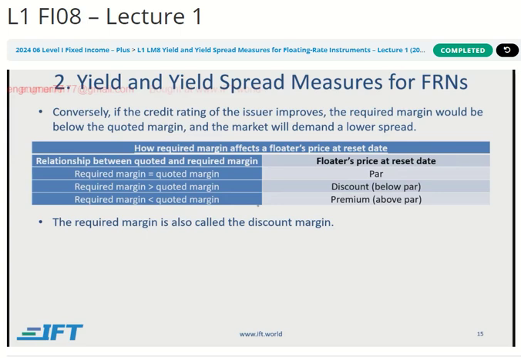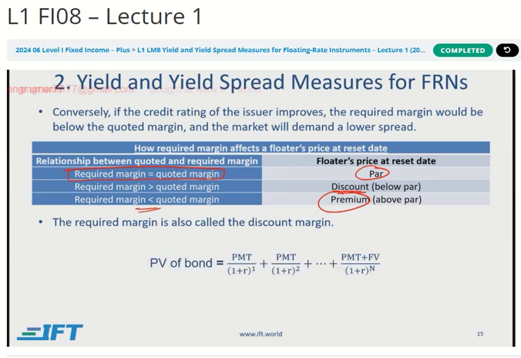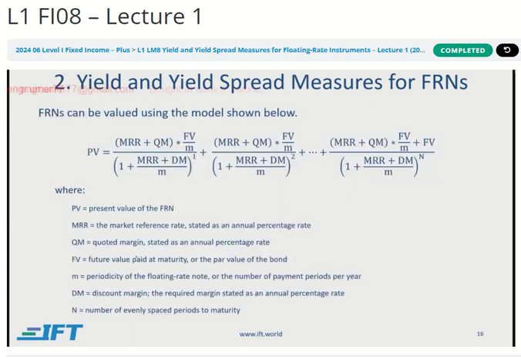If the required margin and the quoted margin are the same, it will trade at par. If the required margin is greater, obviously it will trade at a discount. And if the required margin is less, then your bond will be at a premium. Very, very simple. If this goes down, the present value goes up.